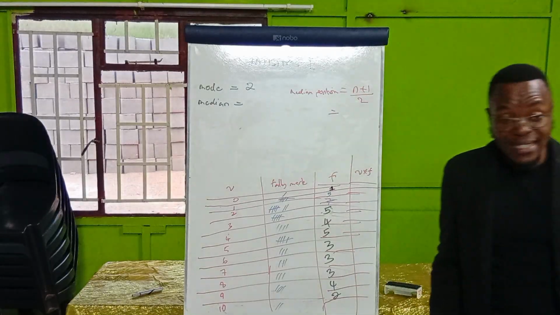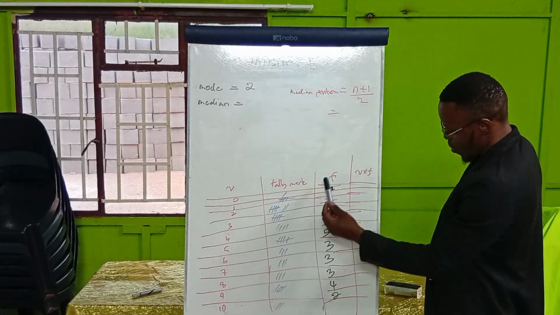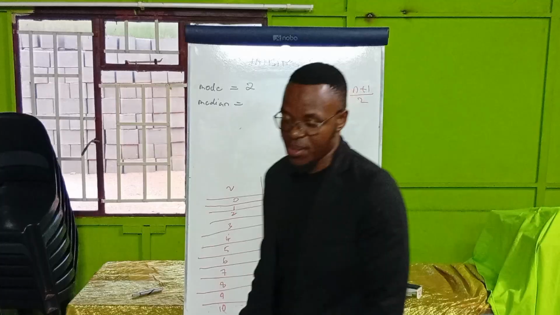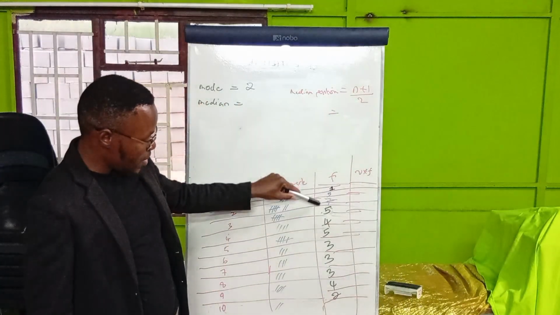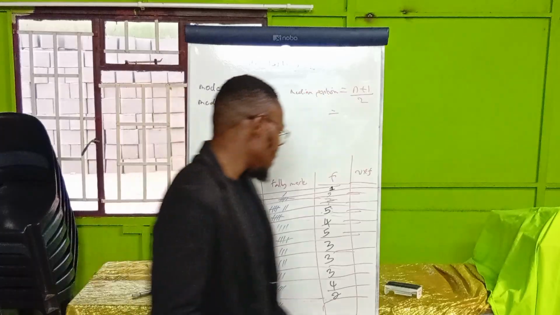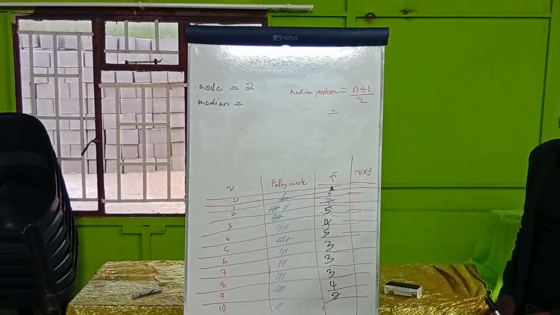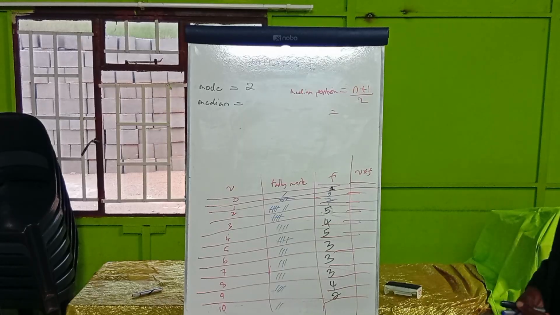The value of n represents the sum of the frequency. So we need to add all these numbers, and they will give us the total.